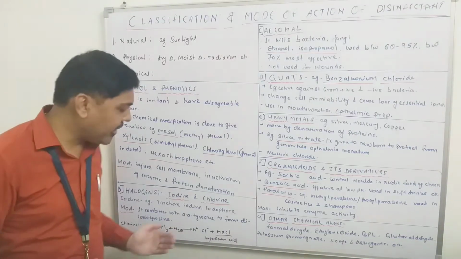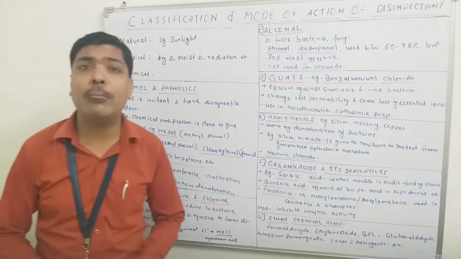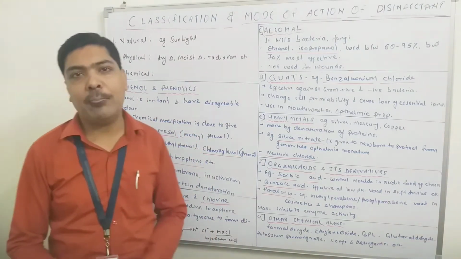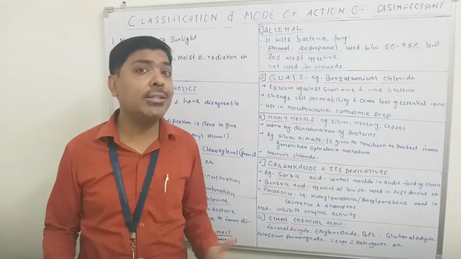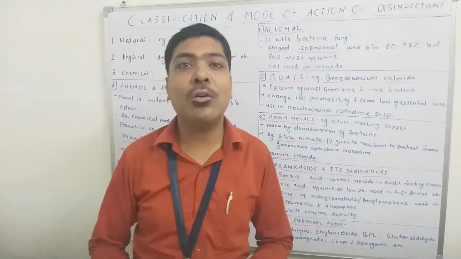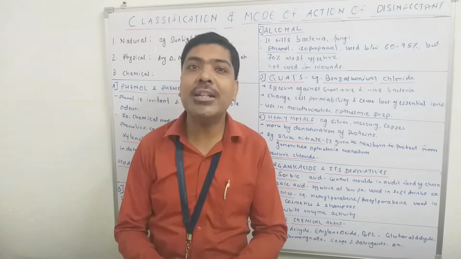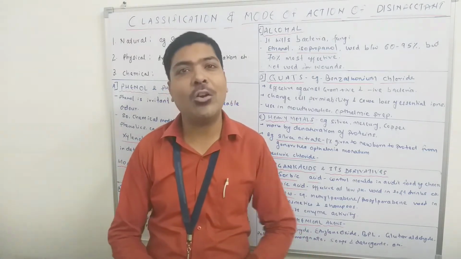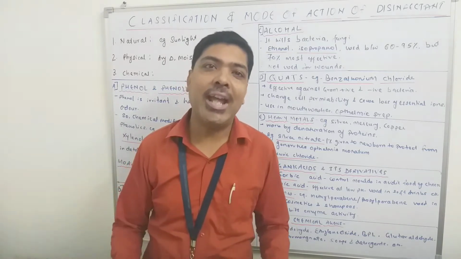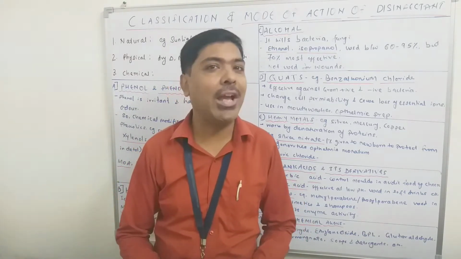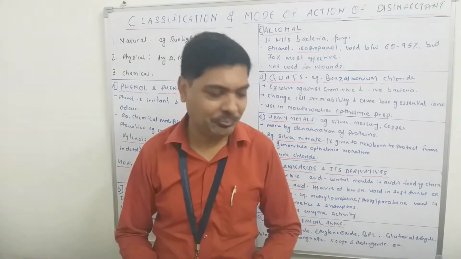Chlorine reacts with the water molecule available in the microorganism, resulting in the formation of hypochlorous acid. This hypochlorous acid has a very strong oxidizing property, and because of that oxidization, various biomolecules essential for the growth or survival of the microorganism get inactivated, and thus the microorganism is killed because of the application of chlorine.